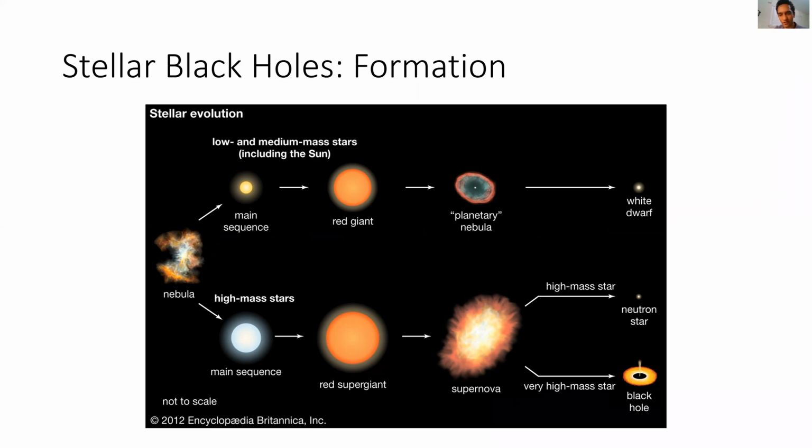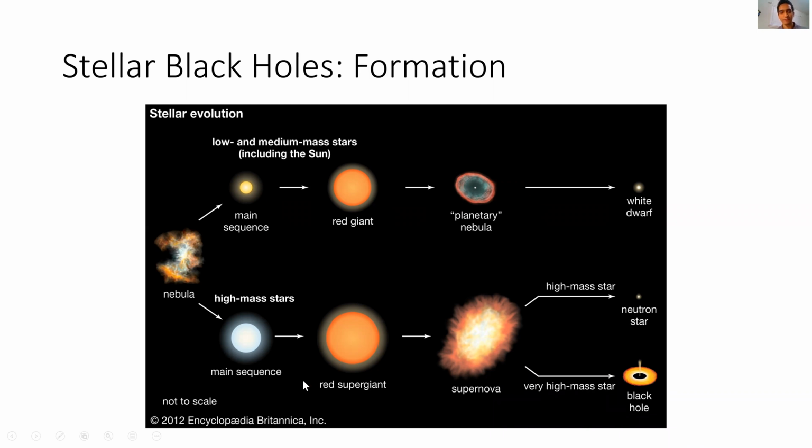A stellar mass black hole: this is just a pretty standard stellar evolution diagram. You can see the black hole in the bottom right corner of this diagram. You start off with a nebula here, but it's just any region of gas. That gas collapses into a star, and we have the star evolving on the main sequence and as a giant star.